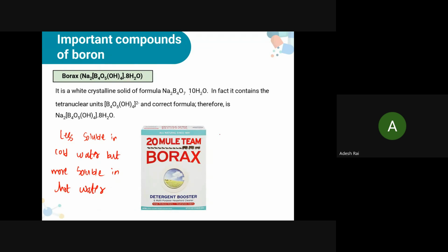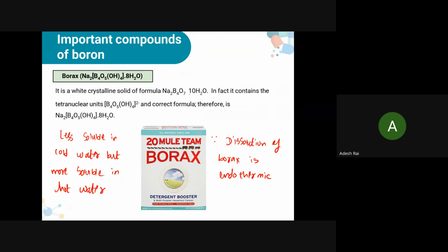Can anyone tell me why? Because the dissolution of borax is endothermic. Is that clear? What do I mean by endothermic? It requires heat. Hot water will provide the extra amount of heat that it requires. As a result, it is more soluble in hot water compared to cold water.